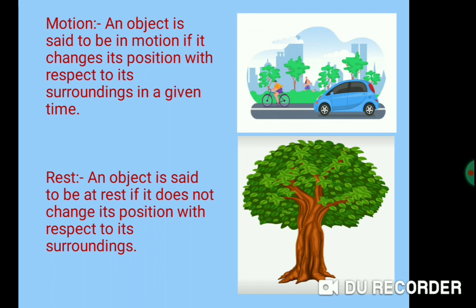For example, a book kept on the table, a train standing on the platform, water kept in a glass are in the rest position because their position does not change with time, with the surrounding.